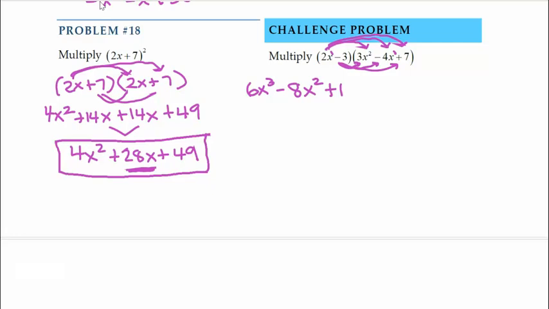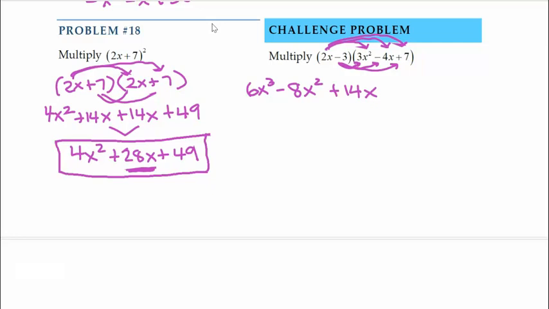Whoops, let's see. Hold on a second here. Yeah, okay, so sorry. Okay, so 2x times 7 is going to give me plus 14x. All right, and now I need to distribute that negative 3 through to everybody. And for me personally, I like to line up my like terms just so it's easier to combine them together.